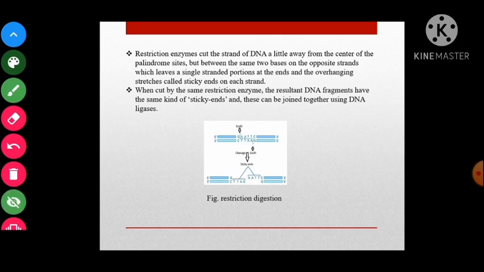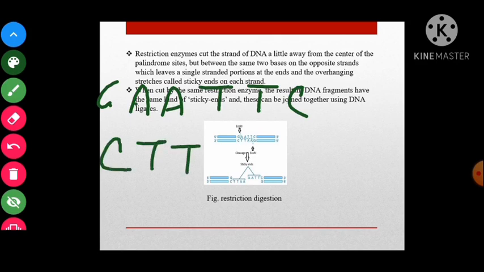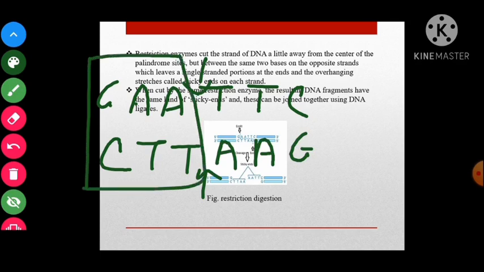Like if the sequence is GAATTC, CTTAAG, so the resultant segments are these. So these are the resultant segments of blunt end cut. इस तरह का कट blunt end cut कहलाता है. In this both the strands are cut at the same position.